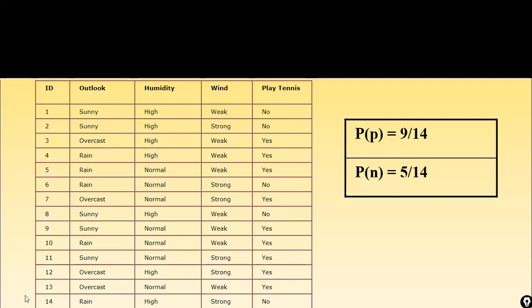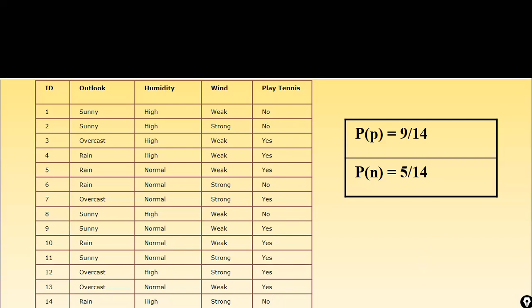So 9 out of 14 records, he played tennis. This is called the prior probability of playing tennis. The prior probability of not playing tennis: out of 14 times, 5 times he did not play tennis. 1, 2, 3, 4, 5.